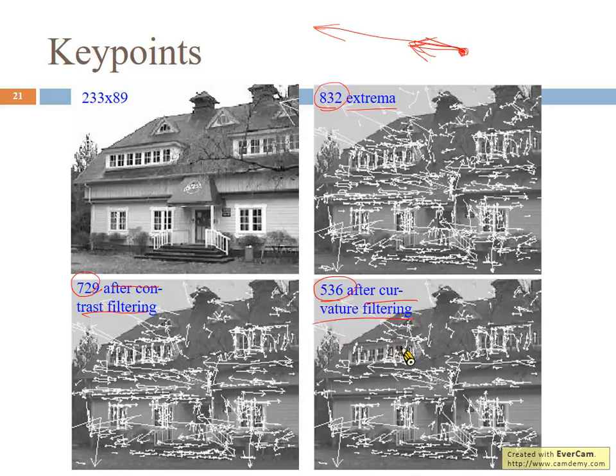And then we can use the quadratic equation to estimate the location of the key point. So after these two steps, the DOG filtering and the accurate key point localization, we have already determined the location of the feature points.